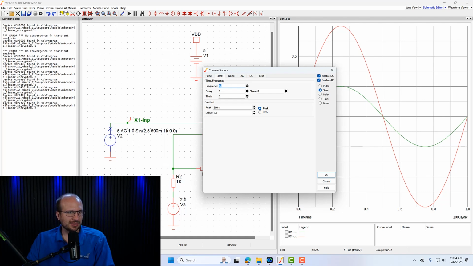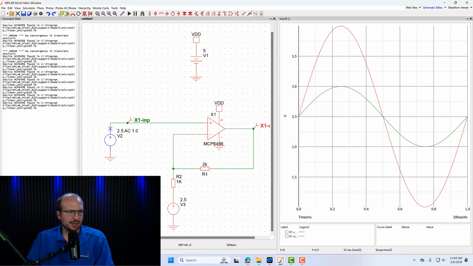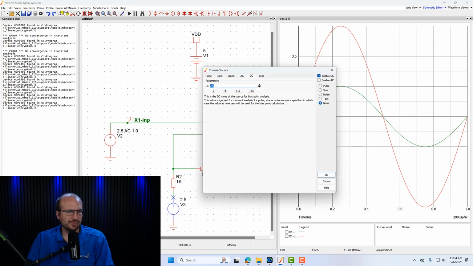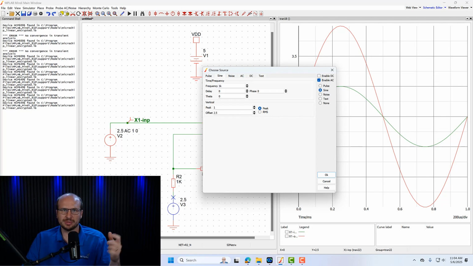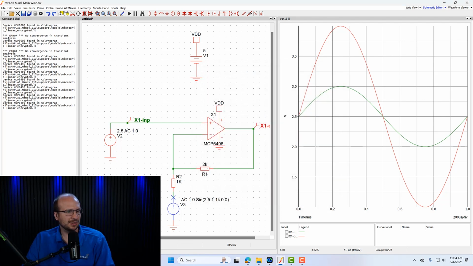So let's turn this into a DC signal of 2.5 volts. And then our inverting side can be our sine wave with an offset of 2.5 volts. We'll do this, and the peak can be at 1 volt, because that will keep us within the dynamic range. We'll see. All right, let's give that a shot.